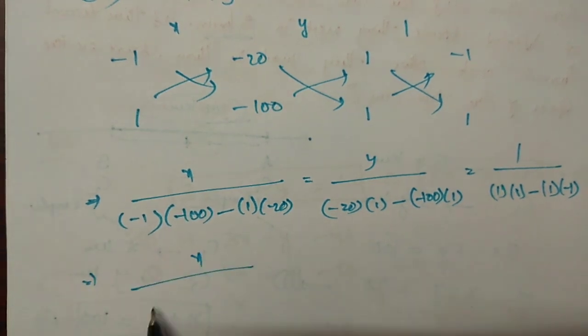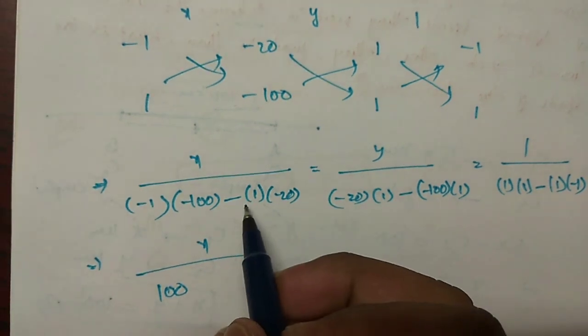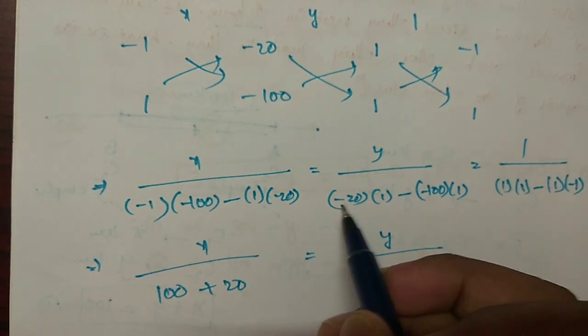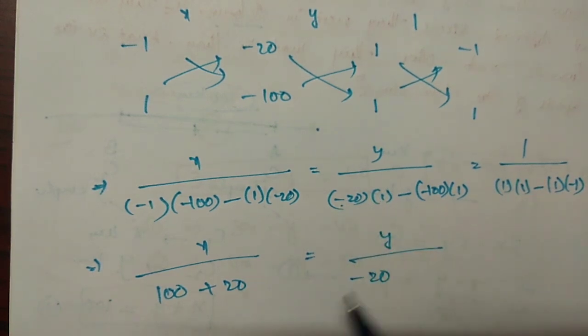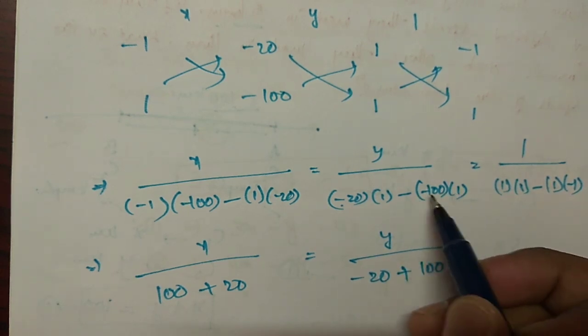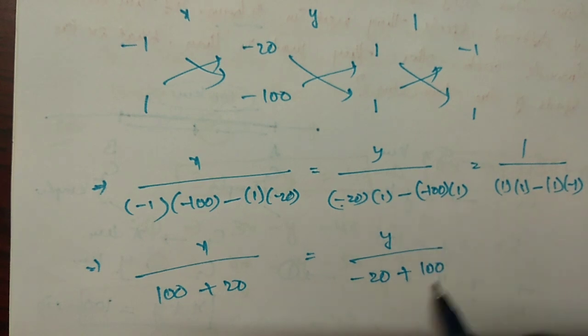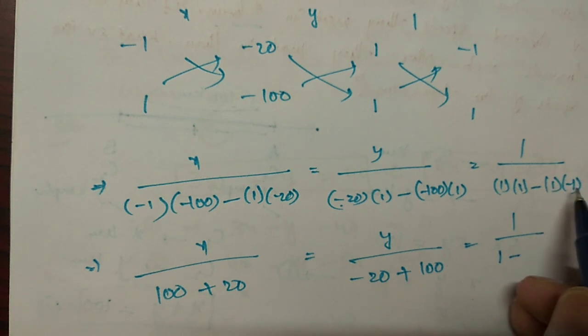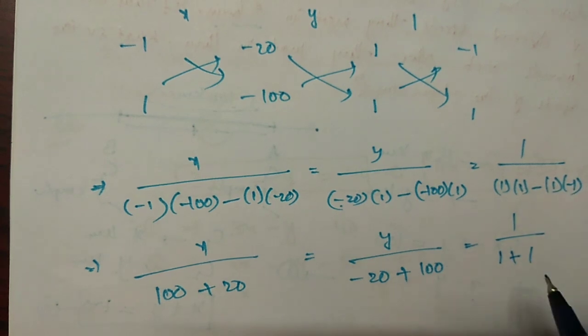So this is x by 100 plus 20, equal to y by minus 20 plus 100, equal to 1 by 1 plus 1.